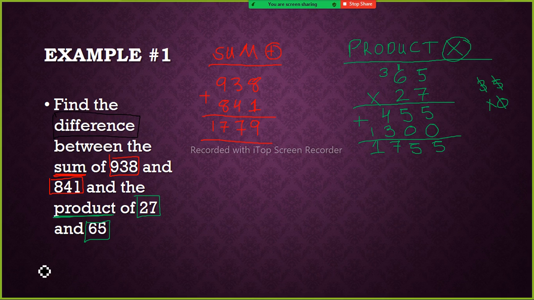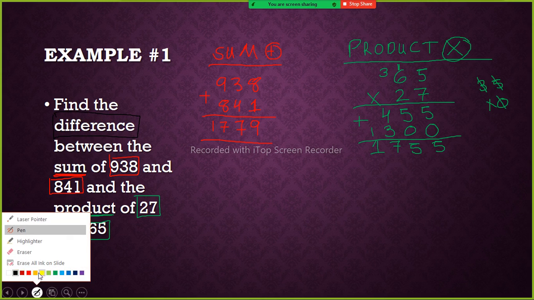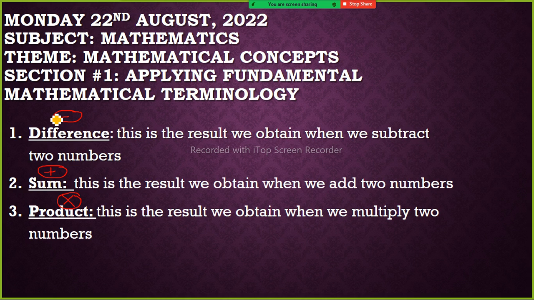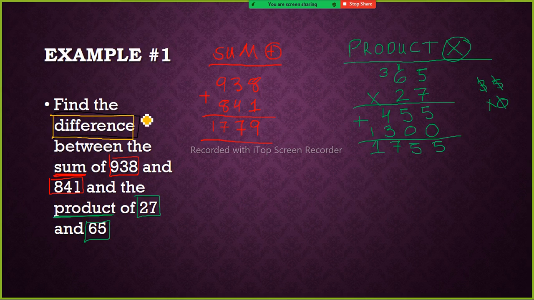Okay, the black is not a good color to use. Maybe I should use the yellow. So they say find the difference. Remember we said difference is subtract, right? So they say find the difference between these two, so we have to subtract these two numbers.